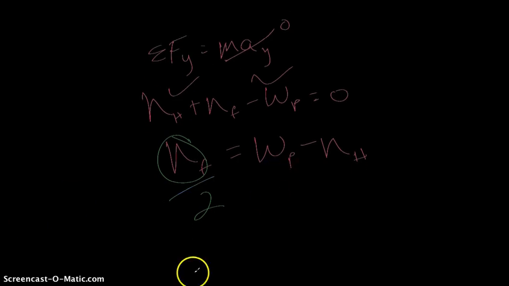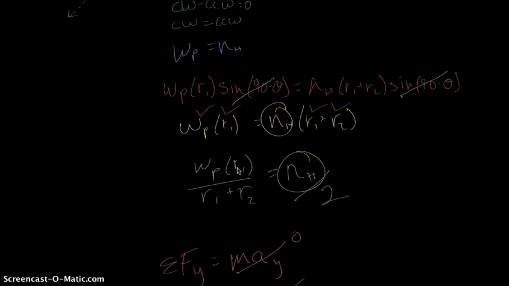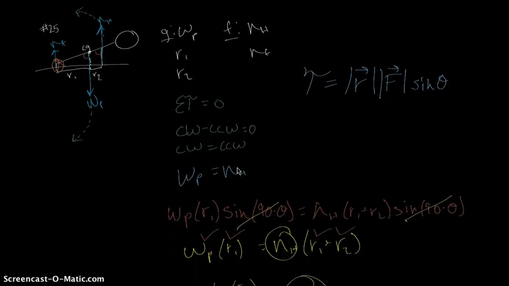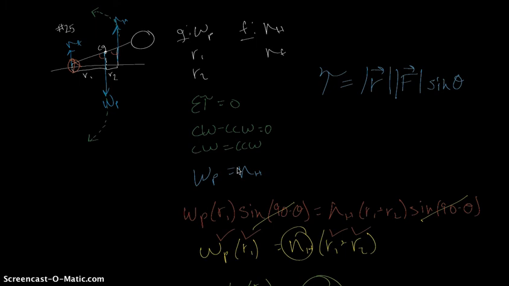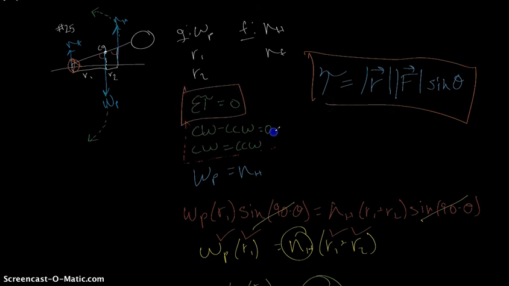Okay, so the one thing I just wanted to make sure to show, because this is really the important stuff when it comes to torque. Everything else is relatively similar to what we've done before. I just want to stress again, remember this, and the fact that the sum of the torques is going to equal 0.